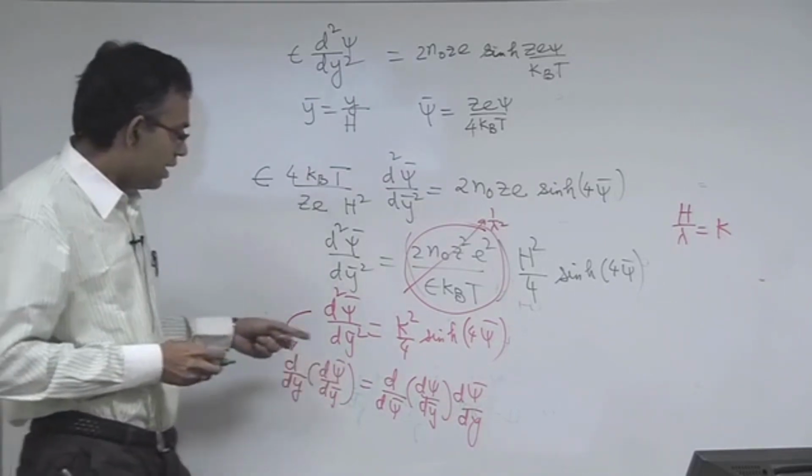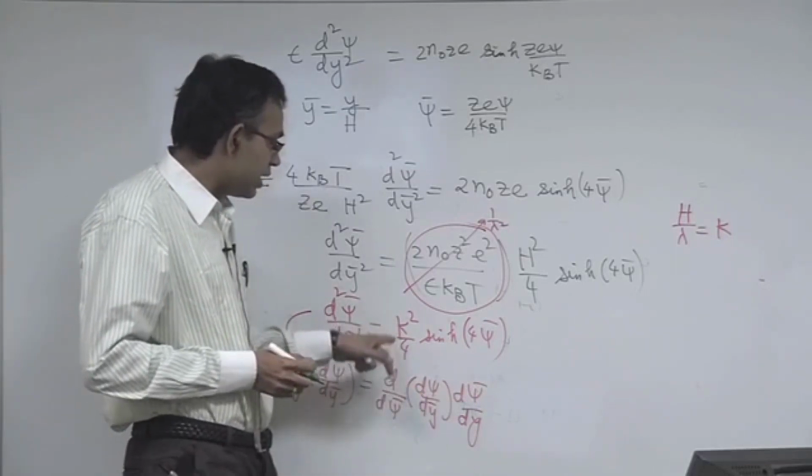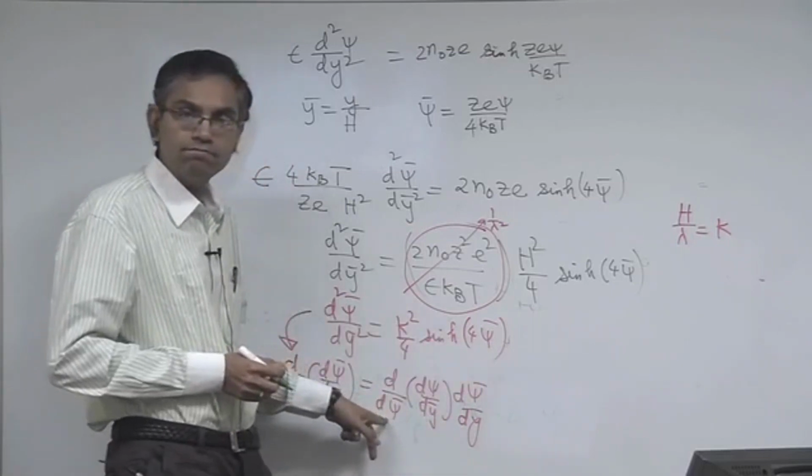So you can write d of d psi dy into d psi dy is equal to k square by 4 sinh 4 psi d psi, right.